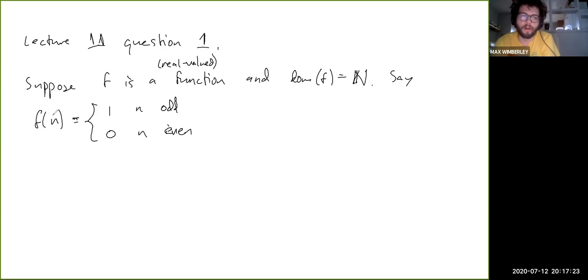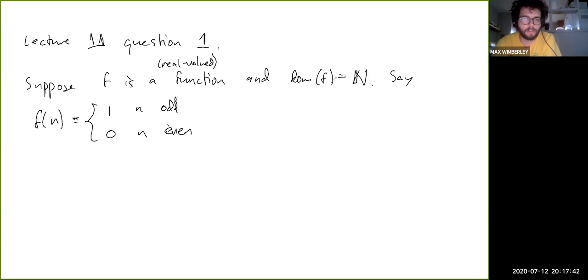So again, you can think about f as a sequence. It has the same data as a sequence, but it's actually a function. Right now we're considering it as a function whose domain just happens to be the set of natural numbers, okay?